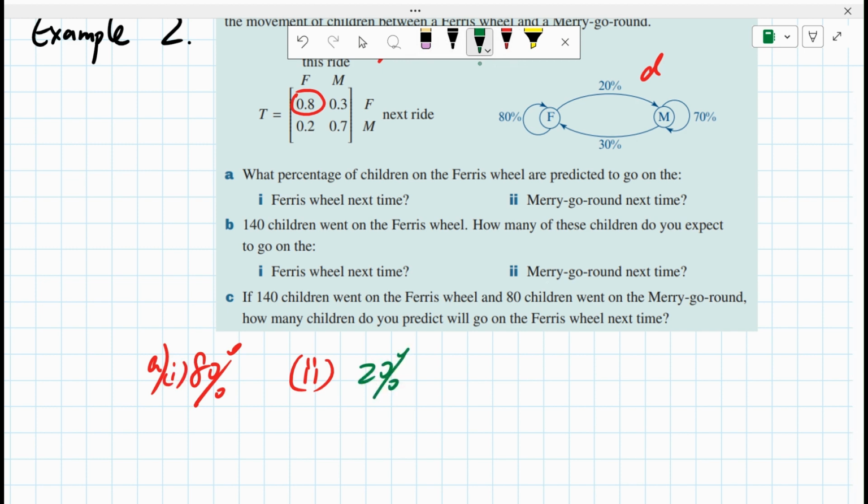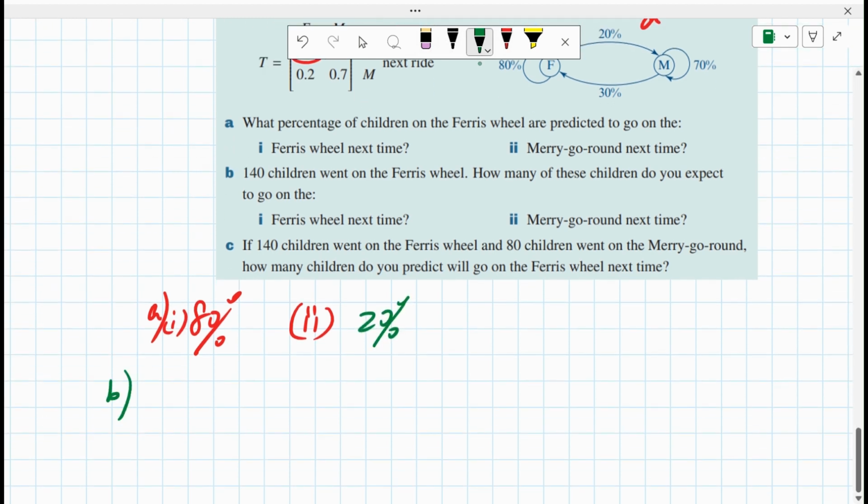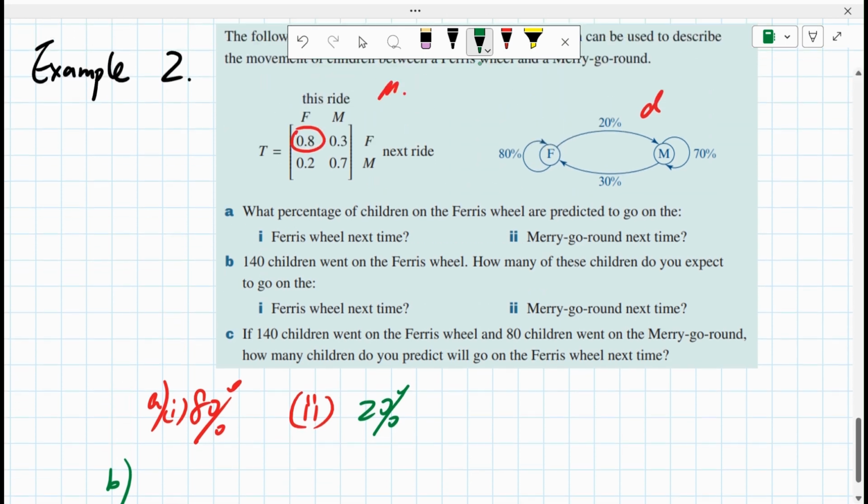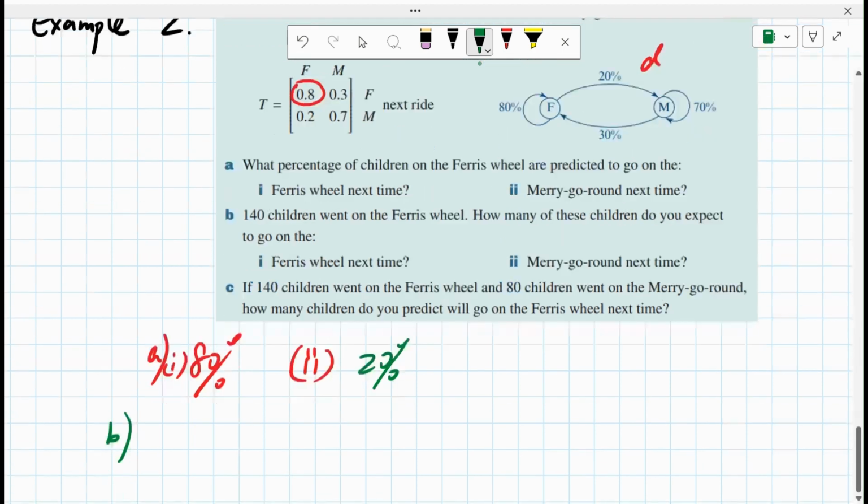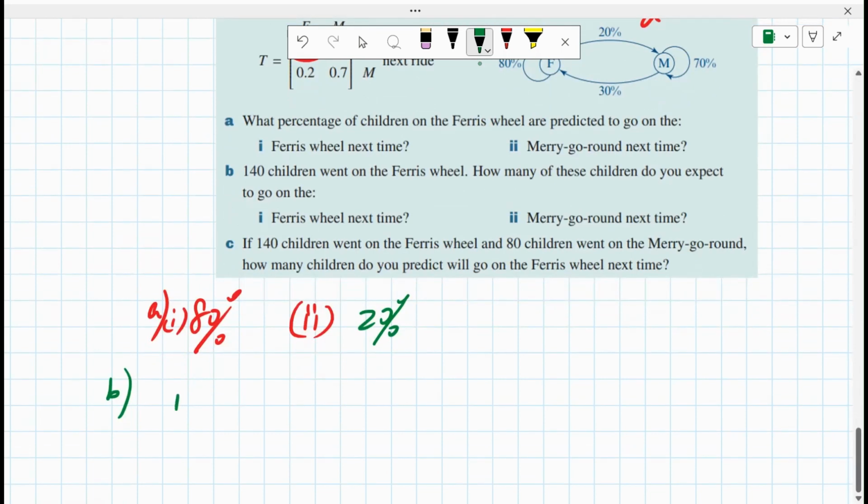Perfect. And question B: if 140 children went on the Ferris wheel, how many could go on it next time? If there are 140 on the Ferris wheel and they go on the Ferris wheel again, that will be 140 multiplied by 80%, equal to 140 times 0.8.